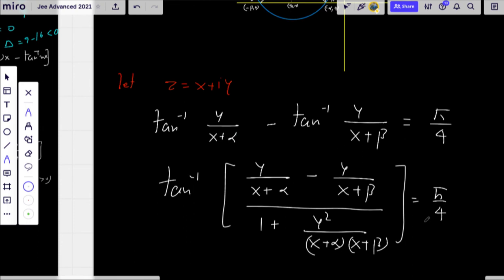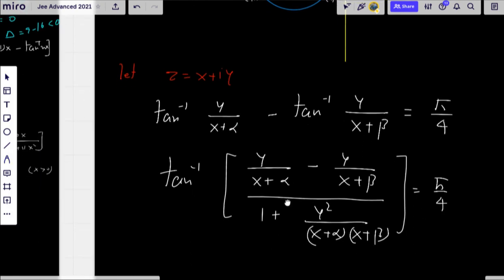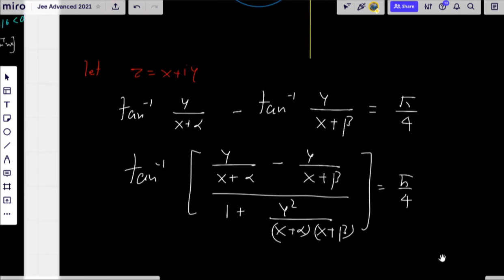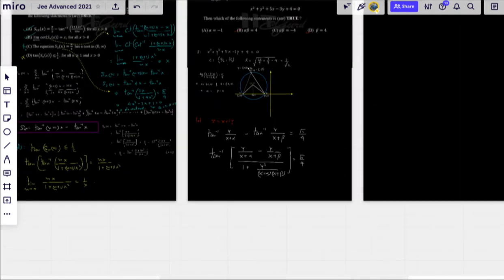Tan of pi by 4 is 1, so this result is 1.